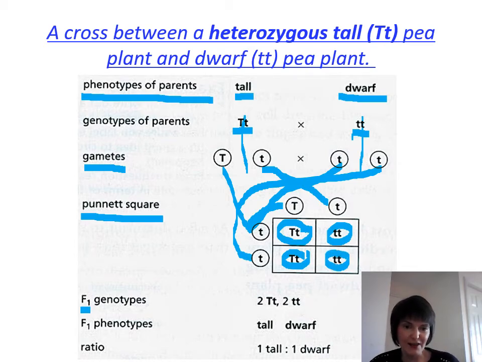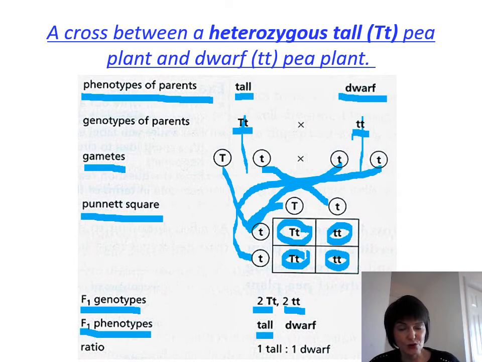So for the F1 genotypes, you've got two big T's, and you've got two small t's. So for the phenotypes, two talls to two dwarfs.